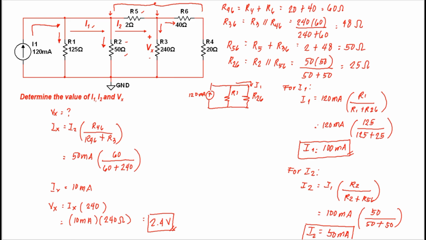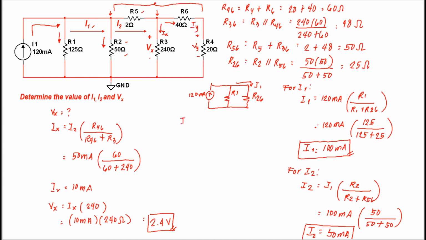Now, if you want to get, for example, the voltage drop in this R4, say that is Vy, we just have to find the current that flows through the branch. Since we have already solved Ix, the current flowing through here, we can just subtract Ix from I2 and we'll get the current here. Let's say that is Iy.